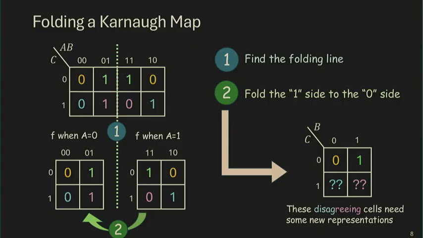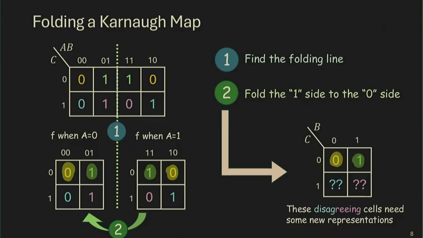So whenever B equals 0, C equals 0, which are these two positions, right? The output is just 0, so you can put that as a 0 in the folded K-map. And then if you look at these two positions, that is when B equals 1, C equals 0, output is just 1, independent of the A variable.